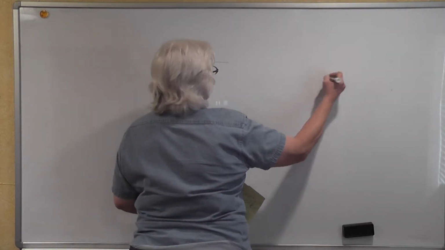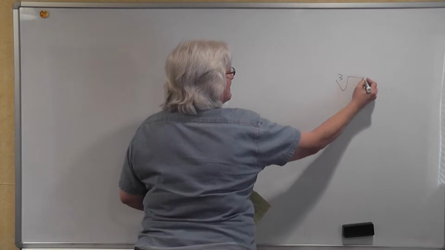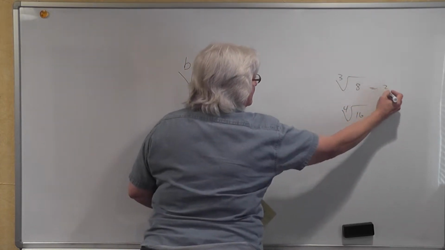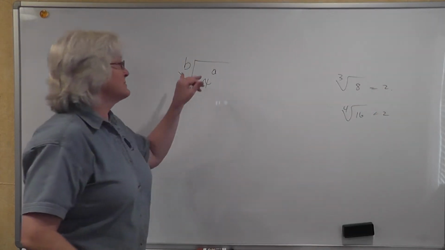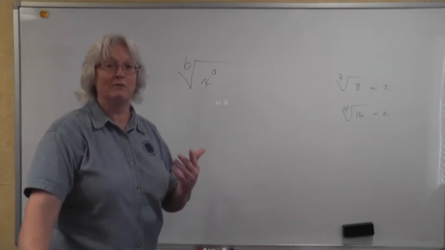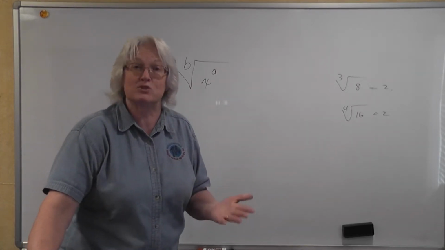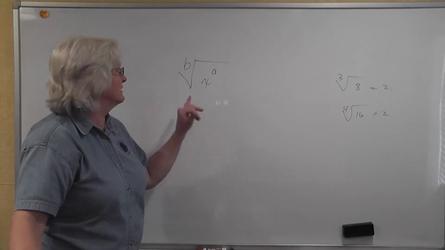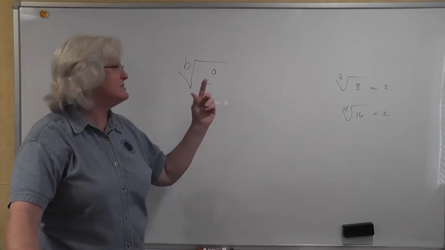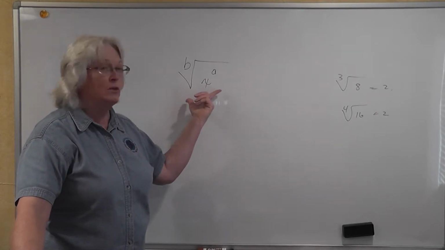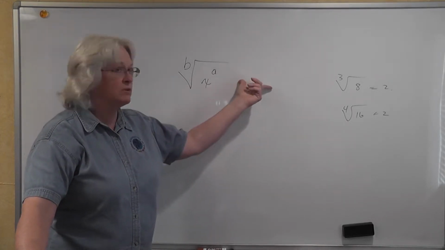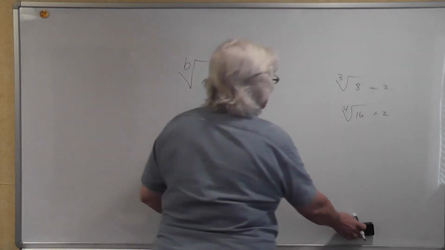Just like you have the square root of 4, the cube root of a, the fourth root of 16, when it's b, you have the bth root of x to the a. And all that means is this is the pattern that you're going to use to translate from radical symbol to fractional exponential notation.